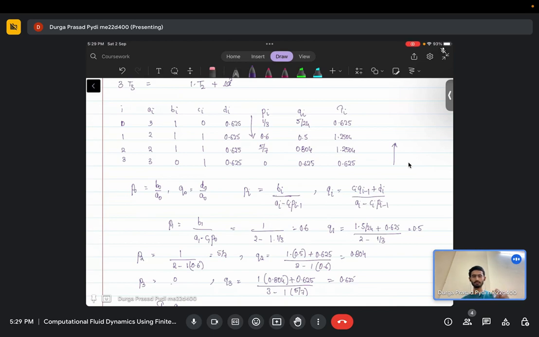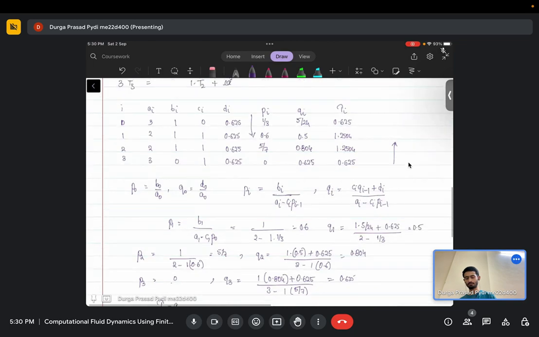Once you go in the reverse direction, you get all the values of T_i's. So now we have the values of T_i.